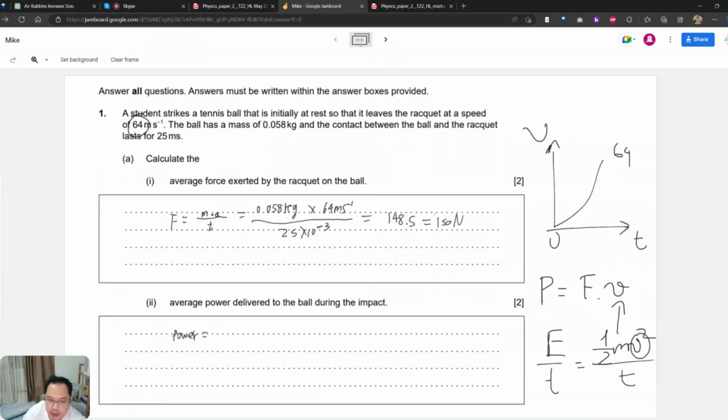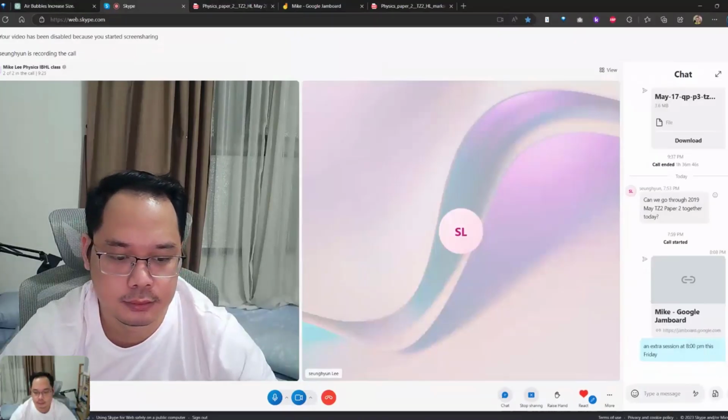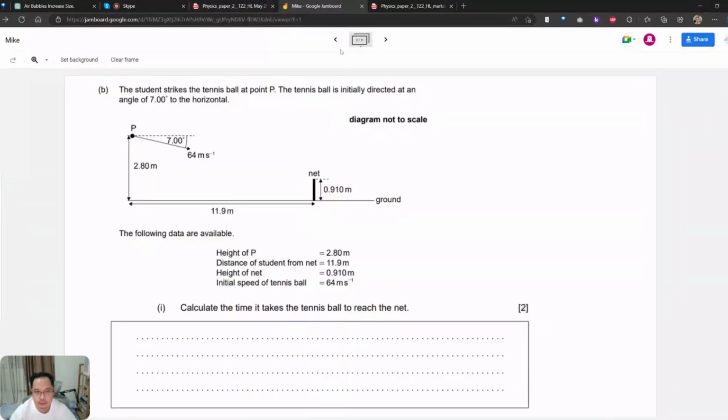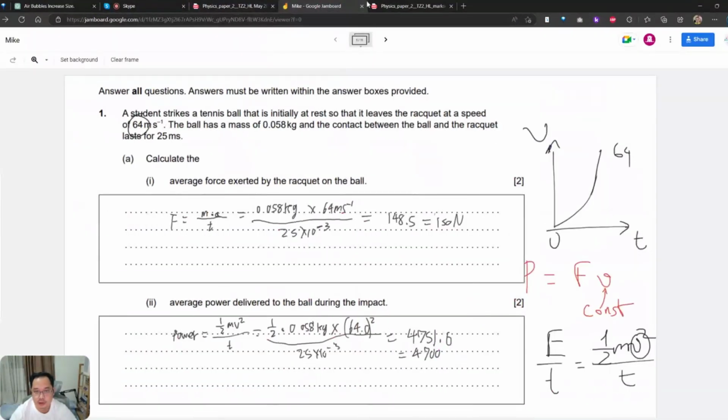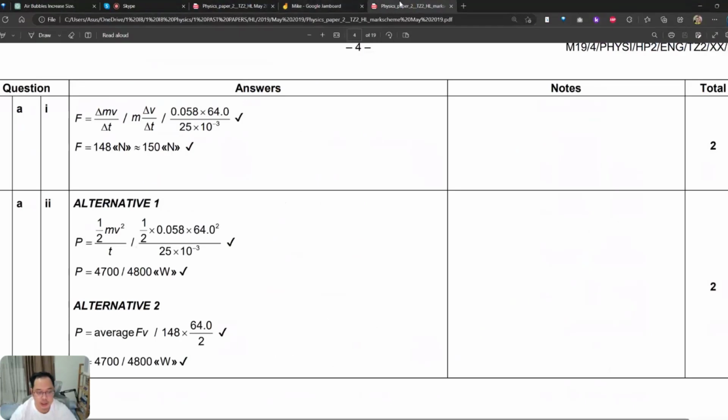Not exactly, because the power varies with the energy, because the velocity varies. It's not a constant velocity. So just use the kinetic energy and divide by the time. Again, the formula power equals force multiplied with speed is only applicable when the speed is constant. 4,750. Yeah, 4,700, it is correct.